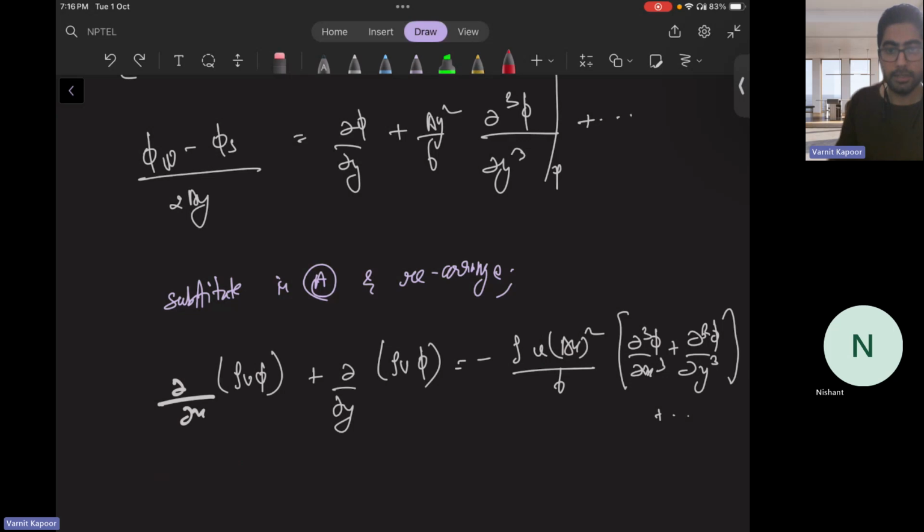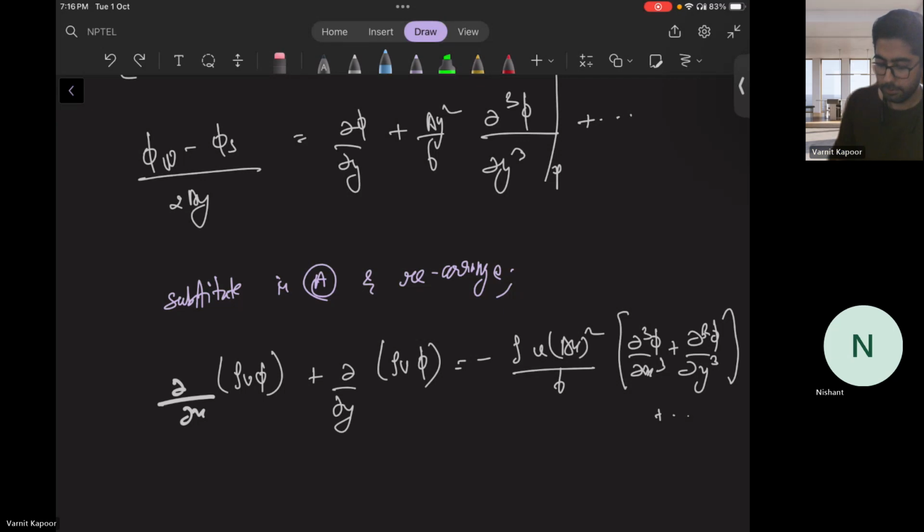I must say that the order of the leading truncation is Δx², so it is second order accurate. It is not directly a diffusion. Diffusion is ρuΔx over gamma, something like that.